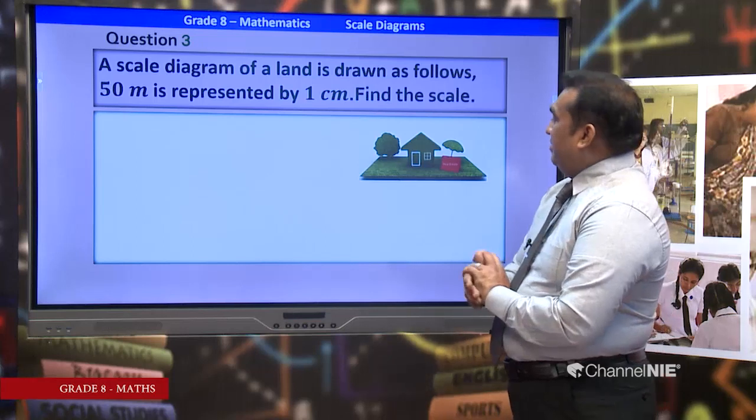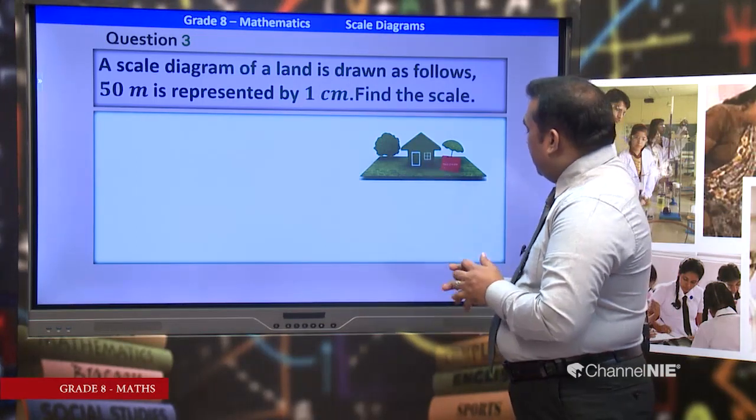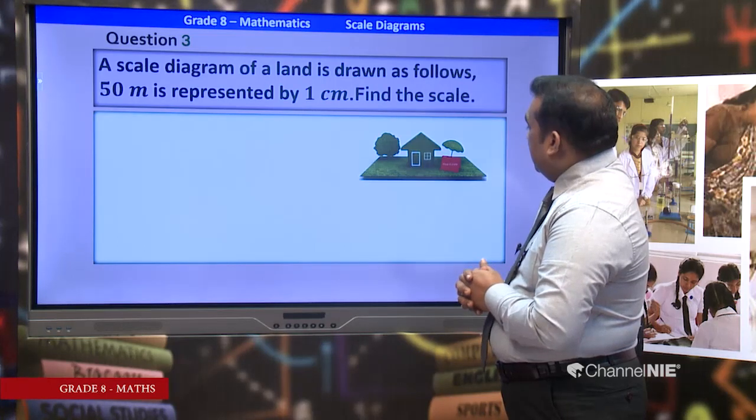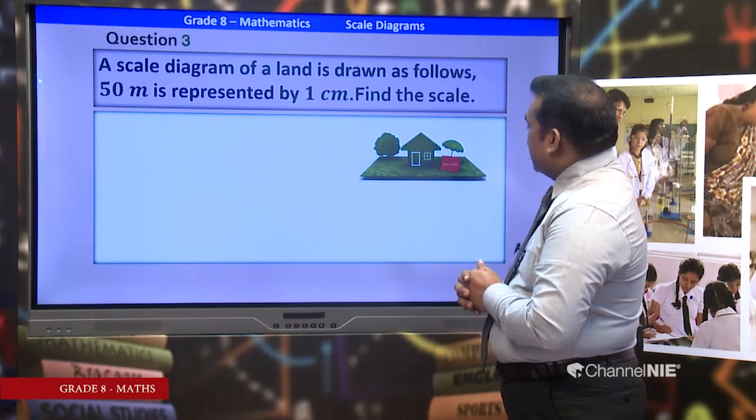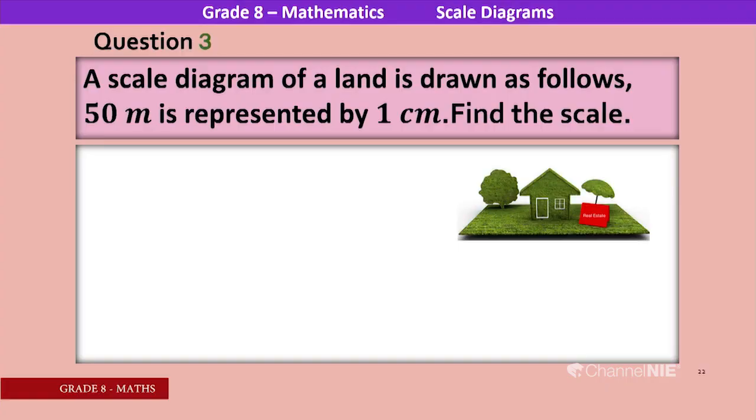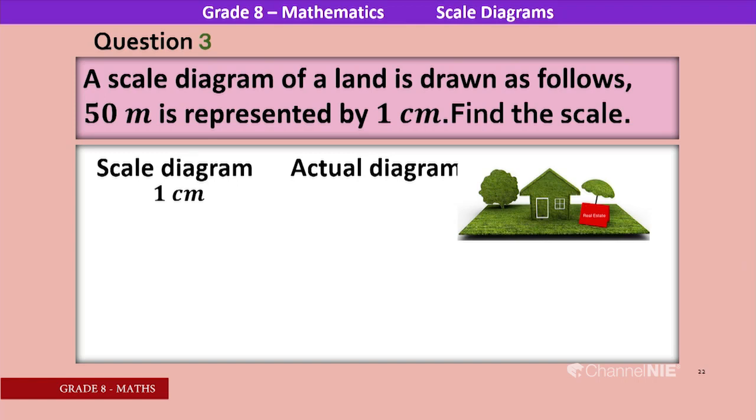Now a third question, right? Very beautiful house and 2 trees, real estate. A scale diagram of a land is drawn as follows. The condition: 50 meters is represented by 1 centimeter. Find the scale. Scale diagram, actual diagram. 1 centimeter, 50 meters.